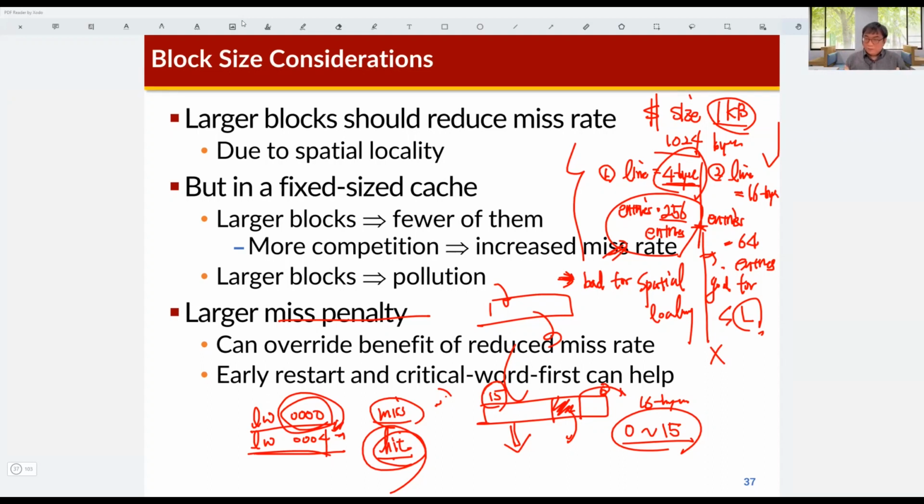Okay, so think like this. This is the hotel, and hotel A has many rooms, but the room size is small, and hotel B has fewer rooms, but the room size is large.